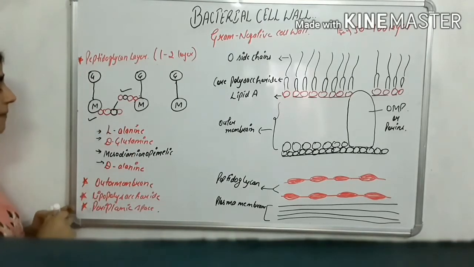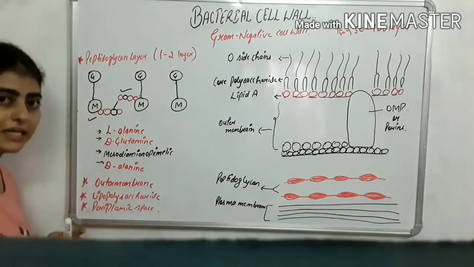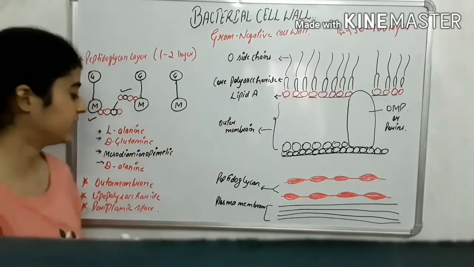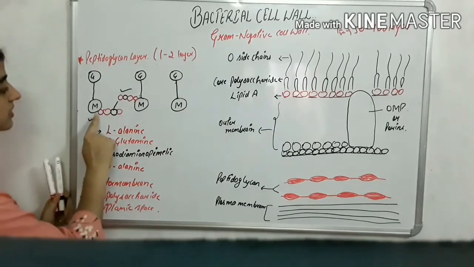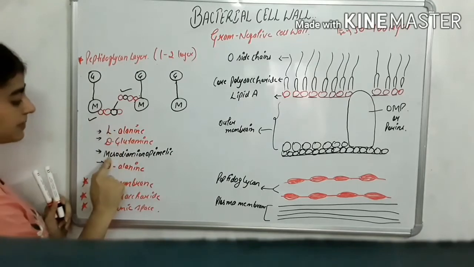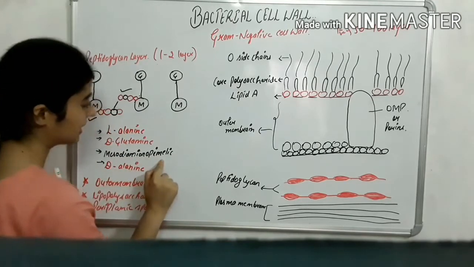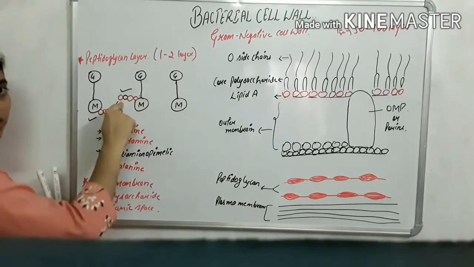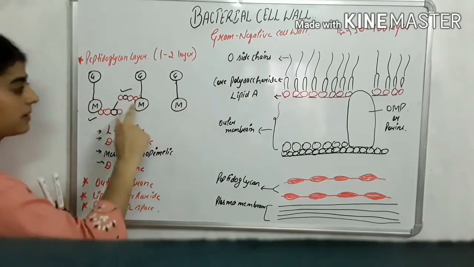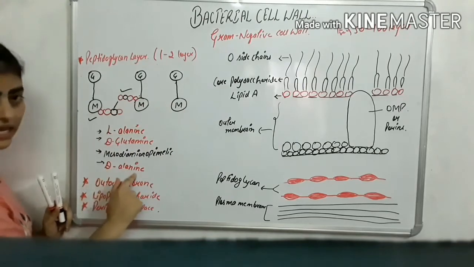Now what will happen? There will be covalent bonding between the third position of one tetrapeptide chain, that is meso-diaminopimelic acid, and the fourth position of the adjacent tetrapeptide chain, that is D-alanine.